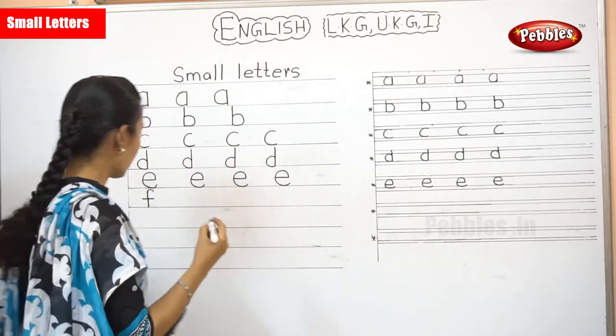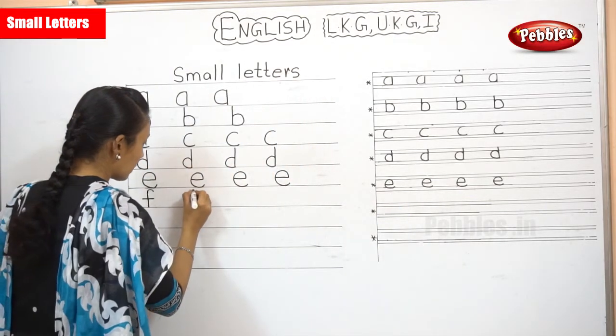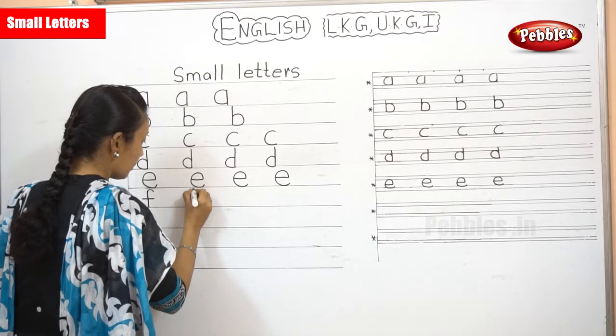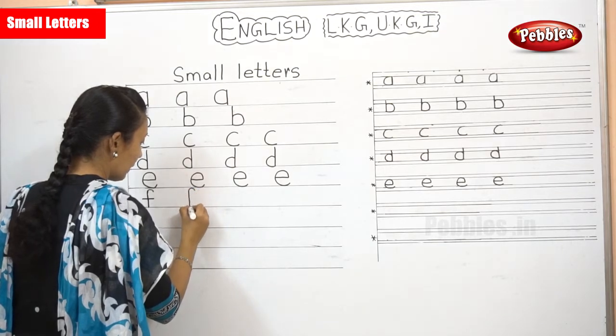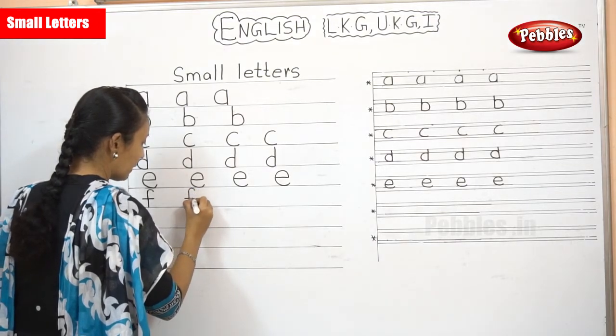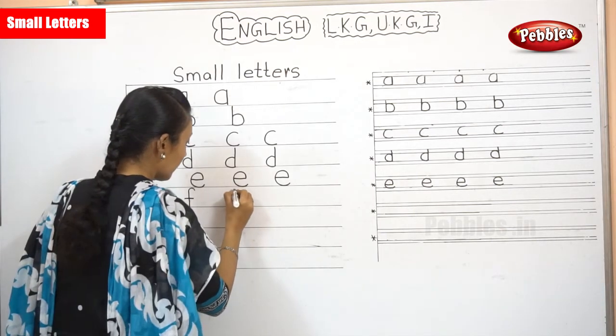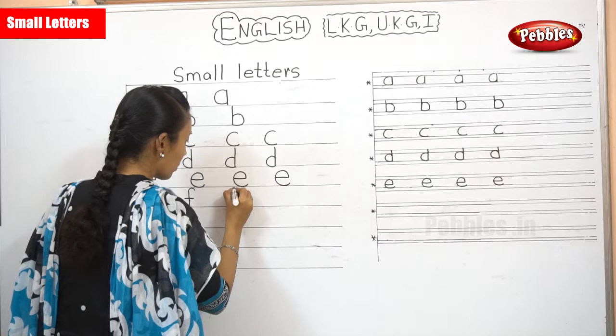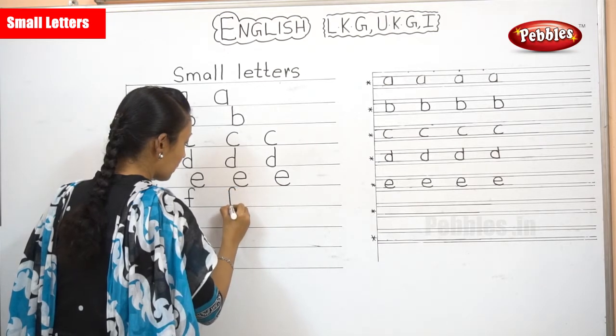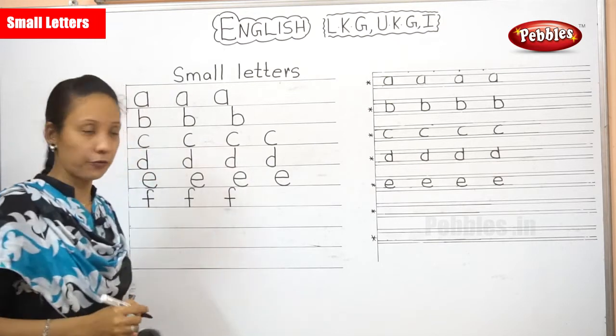Shall we write it once more? A small curve, you come down and a sleeping line in the middle, F. Again, a small curve, come down, middle sleeping line, F.